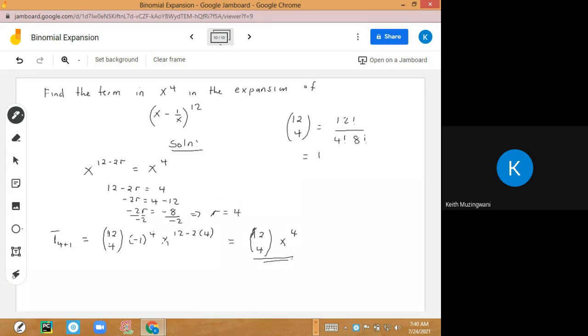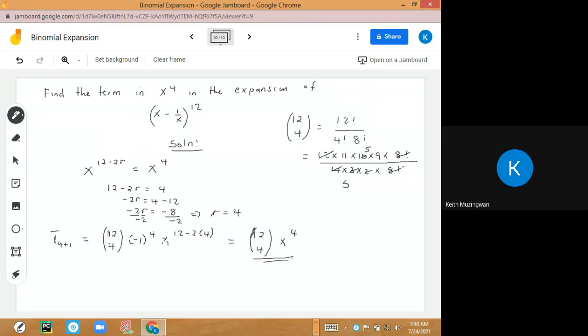So 12, 11, 10, 9, 8 factorial over 4 by 3 by 2 by 8 factorial. So that this piece and this piece goes. Then 4 and 3 takes away 12. 2 reduces 10 to 5.